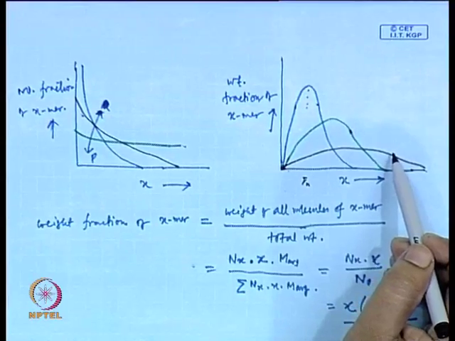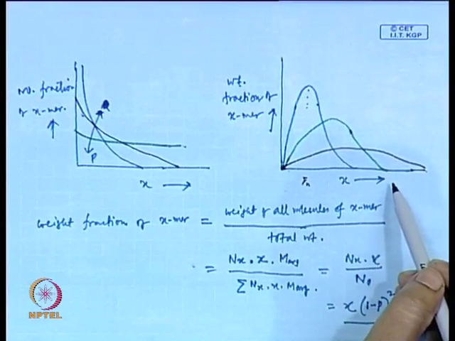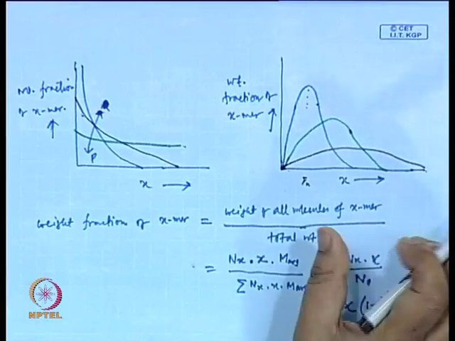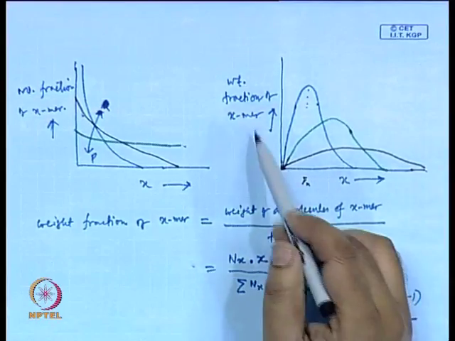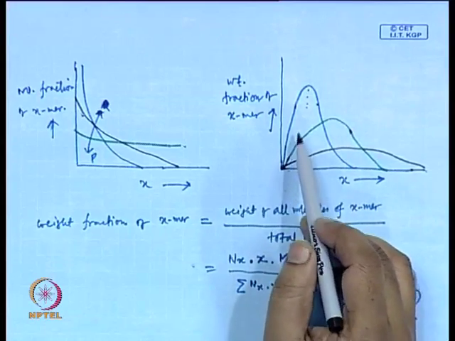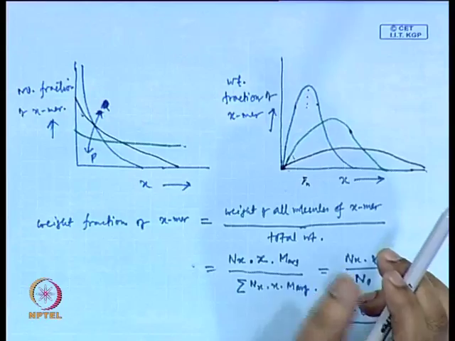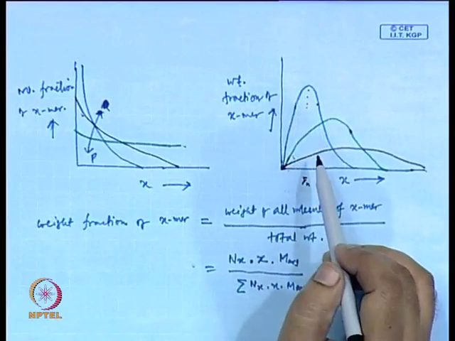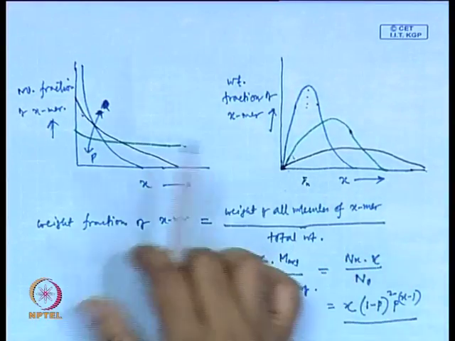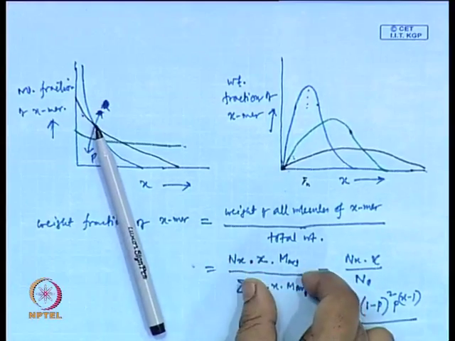So, as expected, with increasing p, x also increases, the molecular weight increases. But if you plot the weight fraction, you can see it is not the monomers, dimers or trimers which are present in maximum. What is present in maximum corresponds to the polymer chains having the average degree of polymerization.